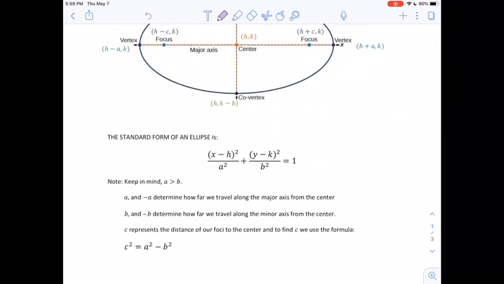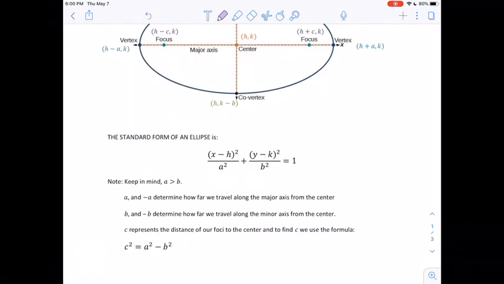The standard form of an ellipse is kind of like a circle. We're still subtracting h and we're still subtracting k. So it's x minus h squared all over a squared plus, and it's always plus, remember that, y minus k squared over b squared equals 1.